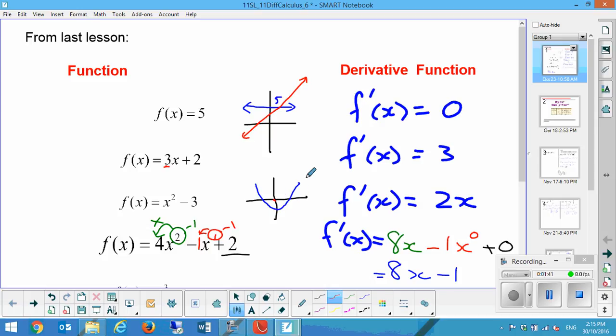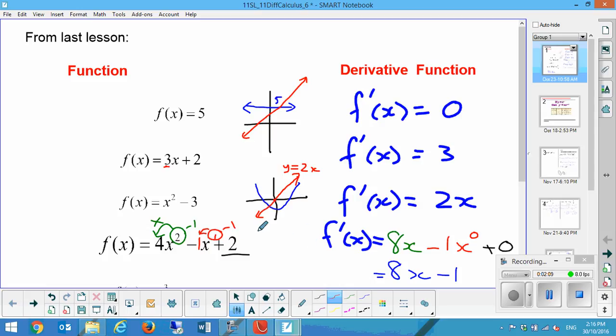But here our slope is always positive and here it's always negative. And in fact, we found out from first principles that our derivative function is y equals 2x, meaning if I want to get the derivative at any point for x, I just simply go that x value times 2, and that tells me the slope of the tangent at that point.